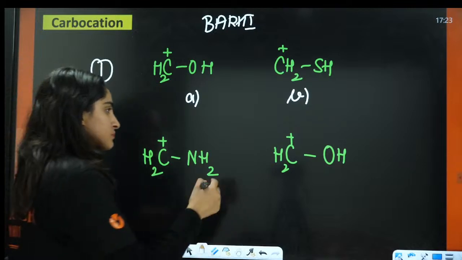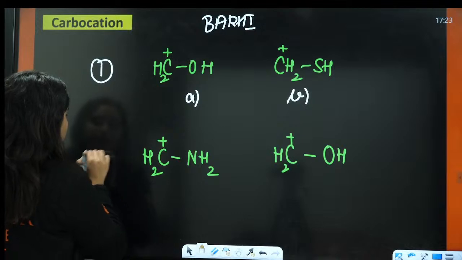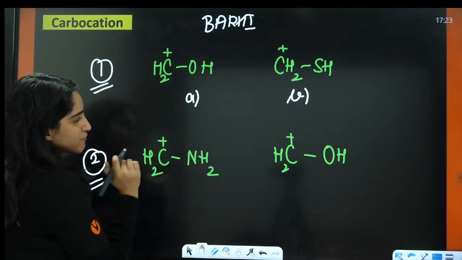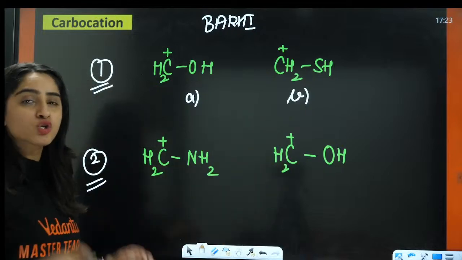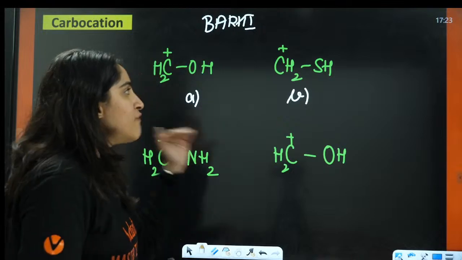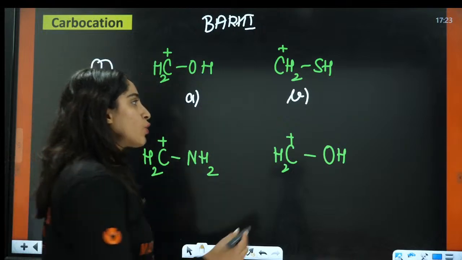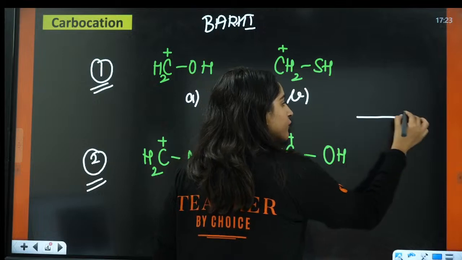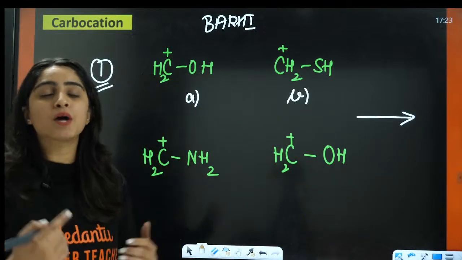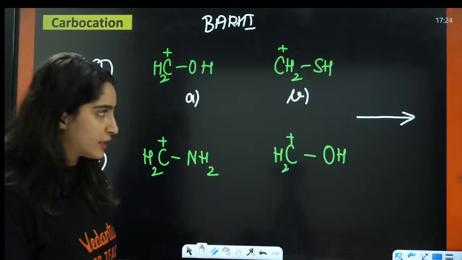Let us see. Here also, these two parts are interconnected to each other. Here also, you have nitrogen and you have oxygen. So always remember one thing: when you are going left to right in a period, then you will see the back bonding on the basis of electronegativity.